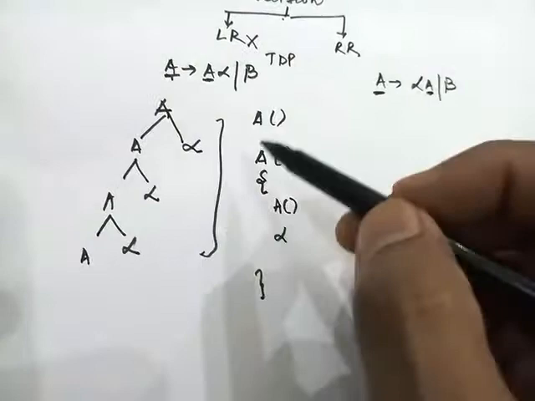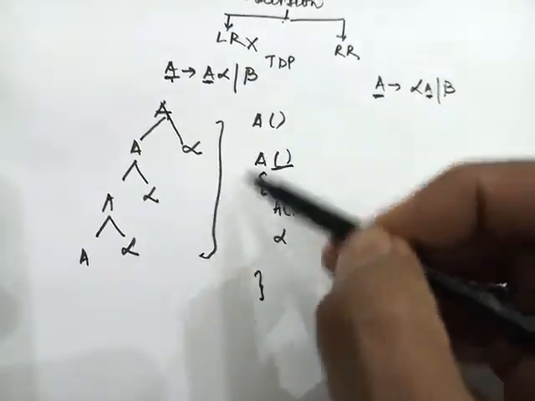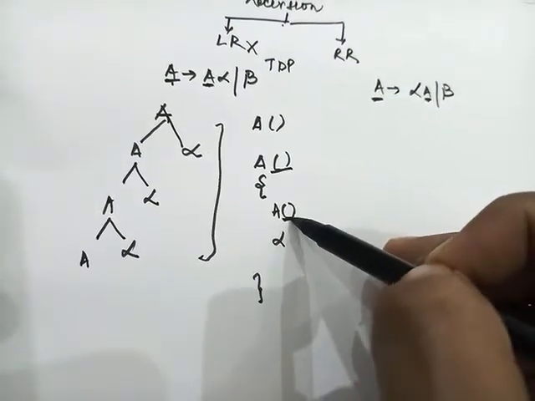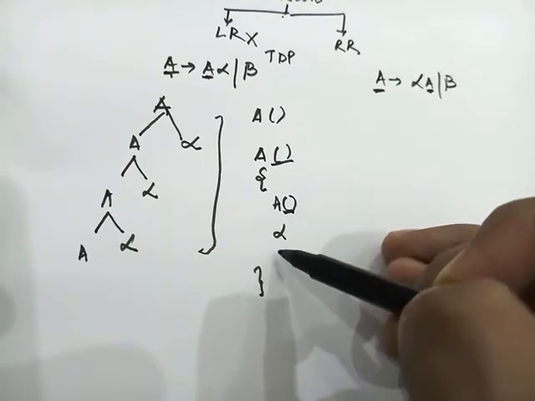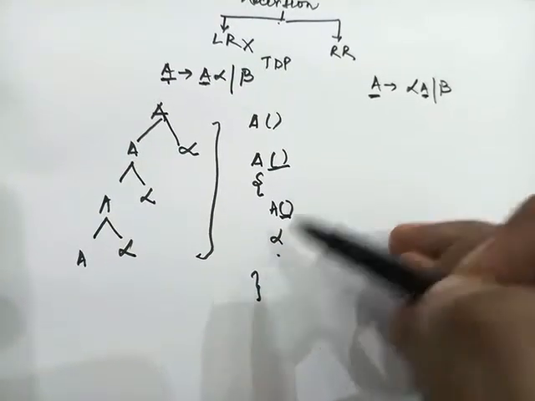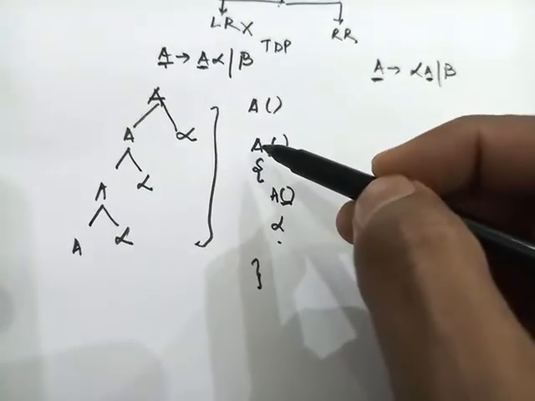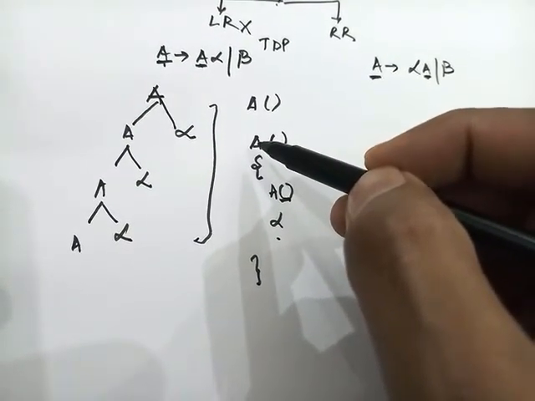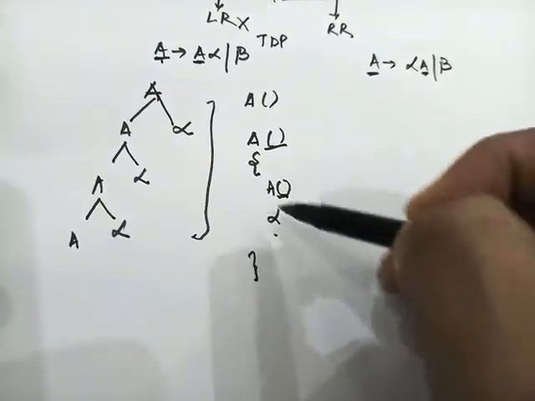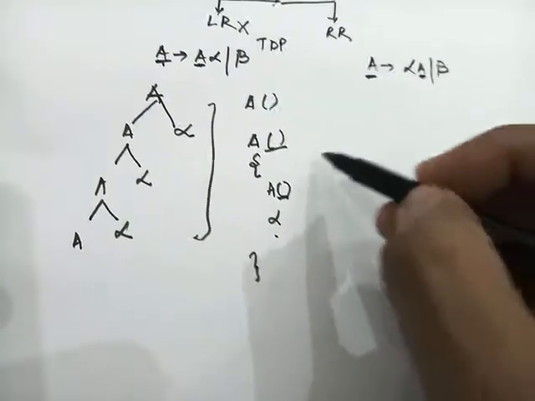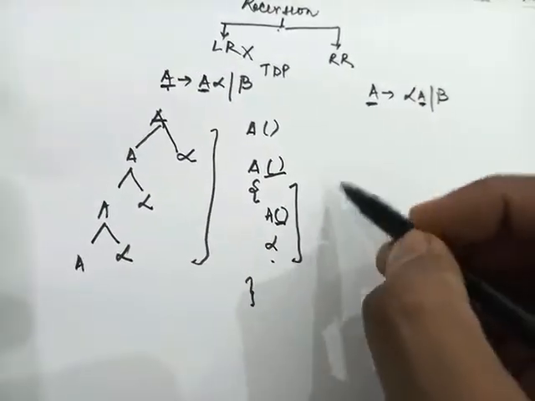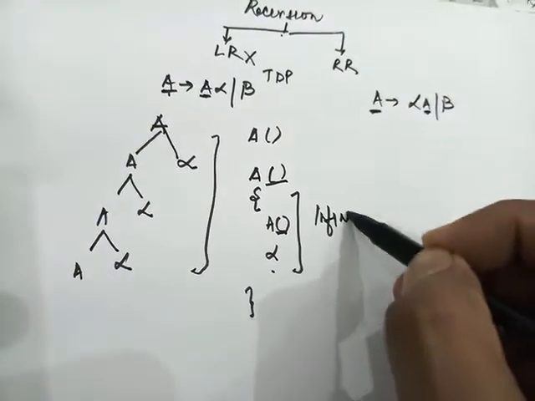Now just see, the function first calls itself, and after the completion of this one it will call alpha. It means in this case, every time you call a function, the function itself is calling again and again. So it can get stuck in an infinite loop.